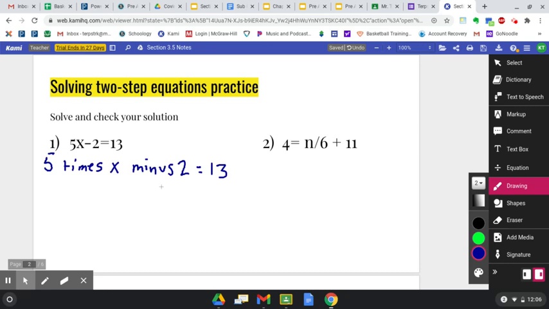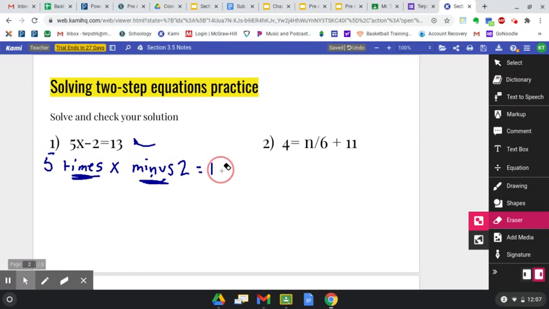So we have two operations. We have the subtraction and we have the multiplication, right? So we want to inverse these operations. So I inverse subtraction, remember, with addition, and I inverse multiplication with division, right? We have to work backwards to get to our variable.